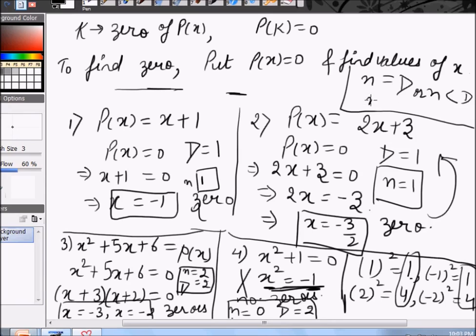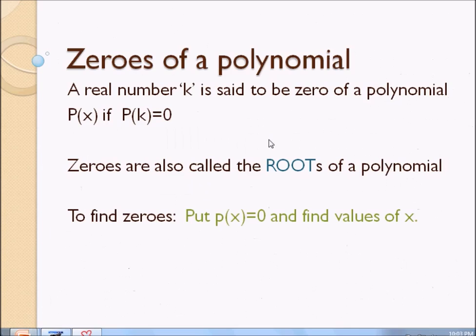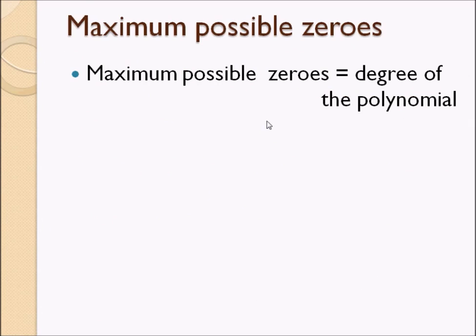Thus n is less than or equal to degree. Thus the maximum possible number of zeros is the degree of the polynomial.